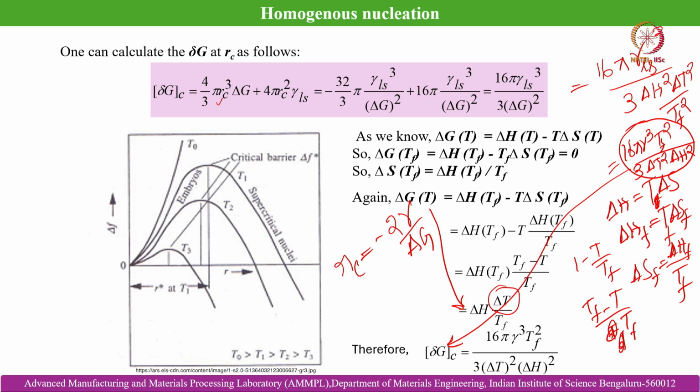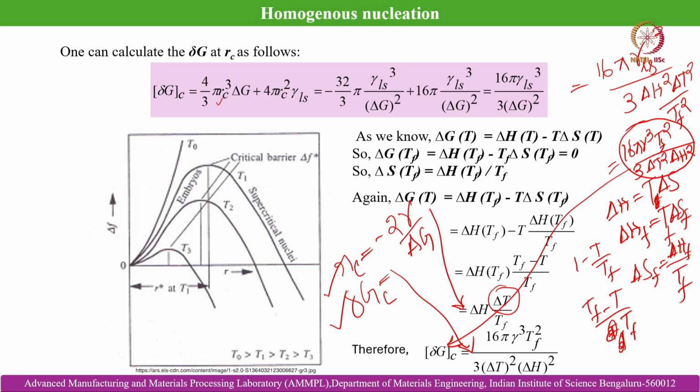So, we have now evaluated the critical radius of nucleation, and we have also evaluated the free energy change at the critical radius of nucleation. From this curve you can understand that the critical radius of nucleation is decreasing with the decreasing temperature of the liquid melt.